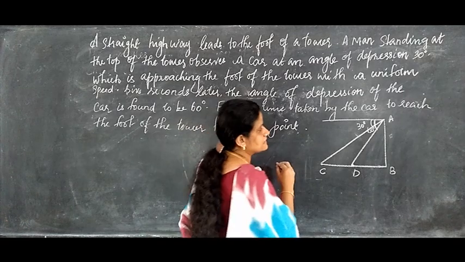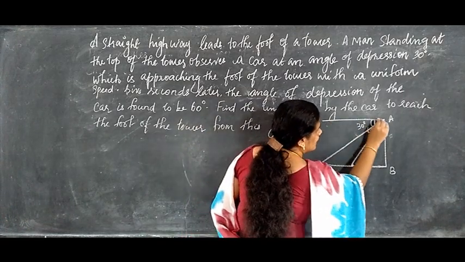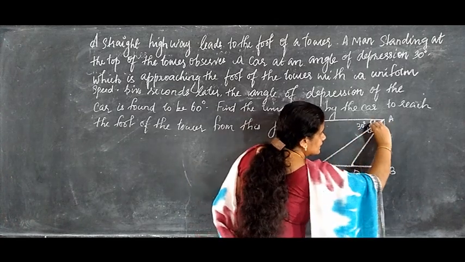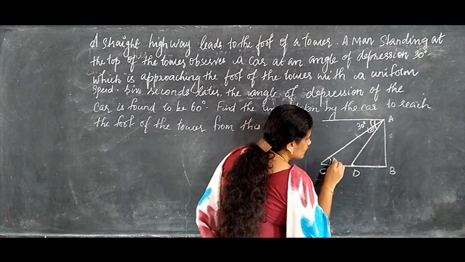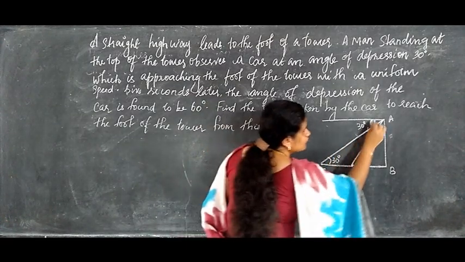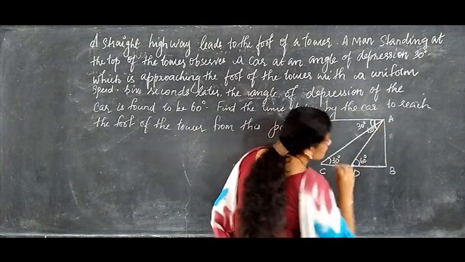So you just listen here. From this figure, since this is a horizontal line, it is parallel to the base. If this angle is 30 degrees, this is also equal to 30 degrees, alternate interior angles. Now, if this is 60 degrees, this is equal to 60 degrees, for the same reason.